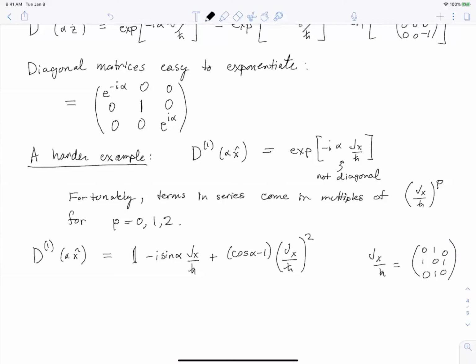Okay, but then if you're doing something like j = 2 and around some arbitrary axis that's pointing in some arbitrary direction, then things get a little bit more complicated and you sort of have to deal with it on a case-by-case basis. Okay, any questions on what we've done so far?